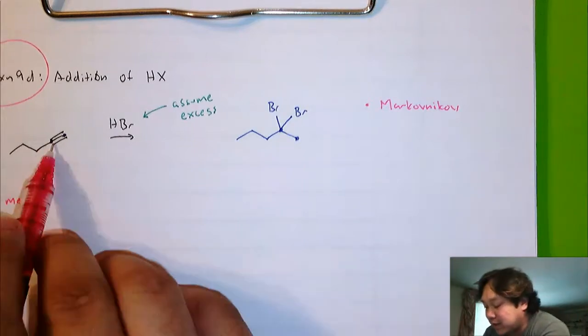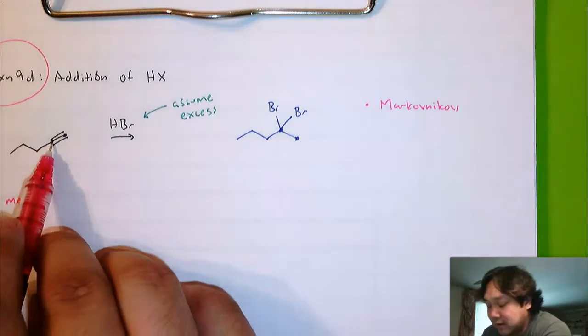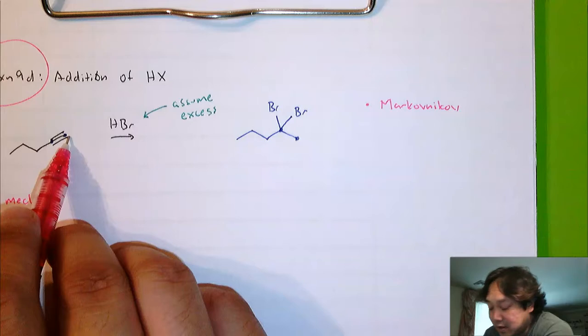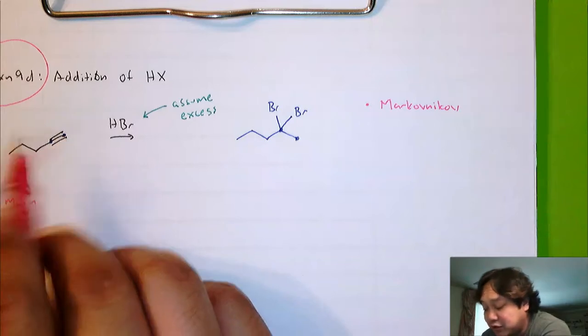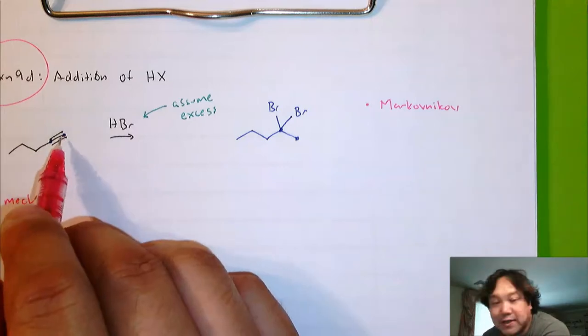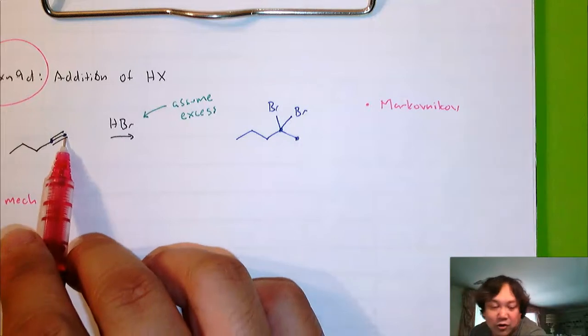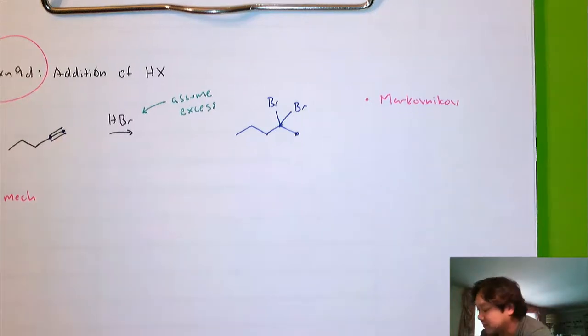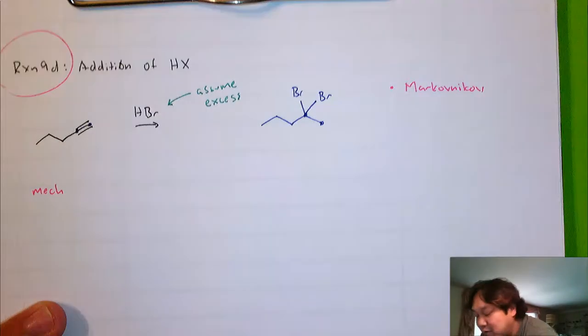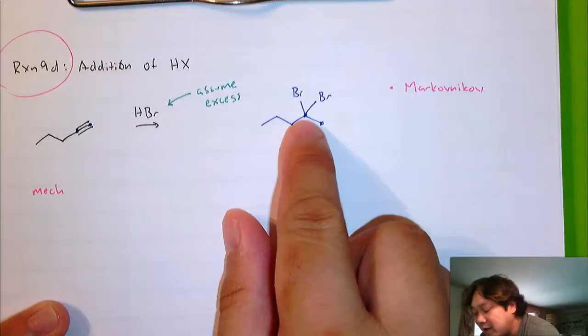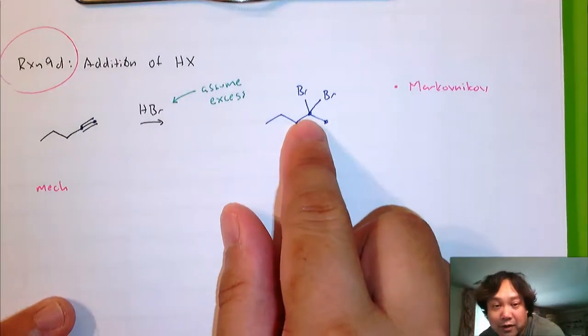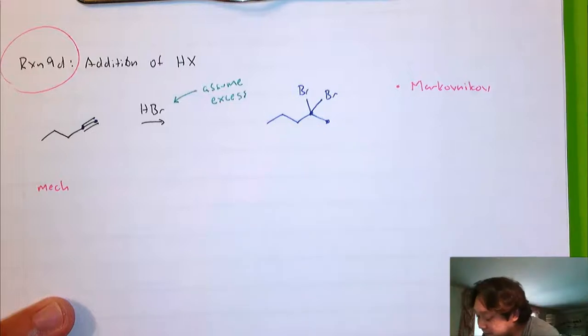So this carbon has 0 hydrogens. This carbon has 1 hydrogen. The rich get richer. So in our first step in the mechanism, we're going to add the hydrogen to the richer carbon, the N carbon. Ultimately, what you're doing is you're making a stable carbocation and you're adding the bromine on the more substituted carbon.